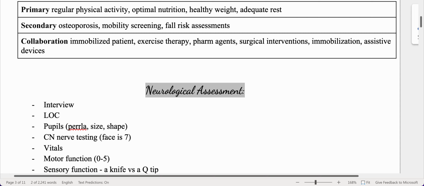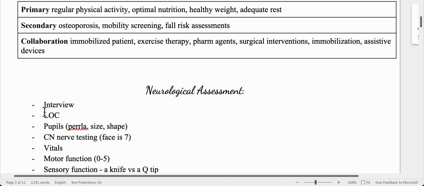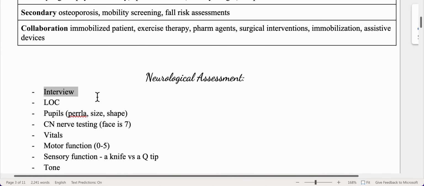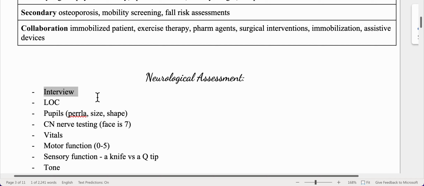Neurological assessment. Interview. LOC.